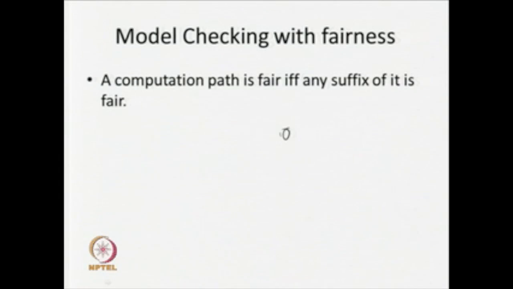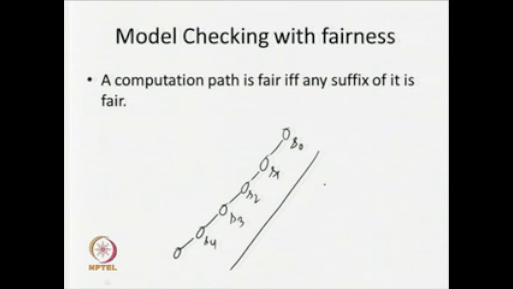So, consider any path S0, S1, S2, S3, S4, and so on. If this is path pi, and you consider any of its suffixes, say this is pi 2, if pi 2 is fair, then eventually pi 1 will be fair, and pi 0, or pi, will be fair, because eventually it goes through this particular fair path.